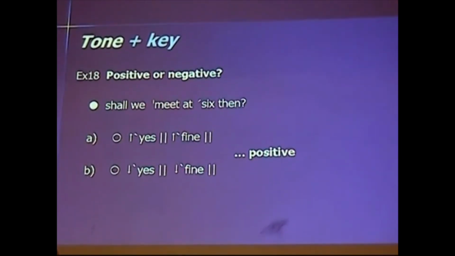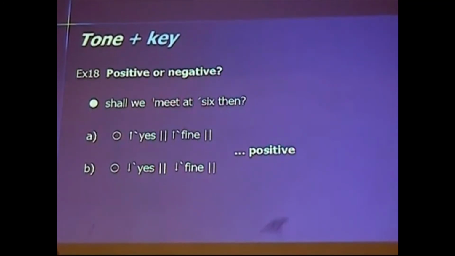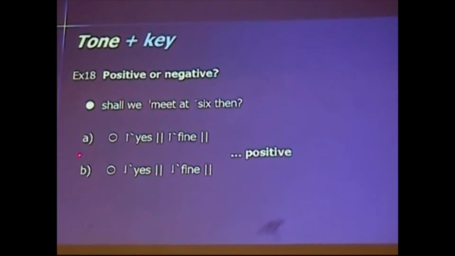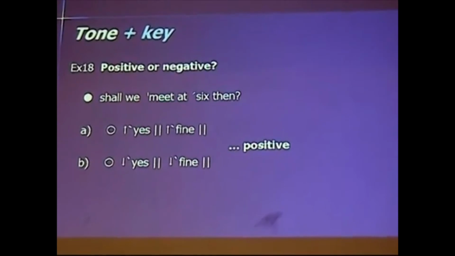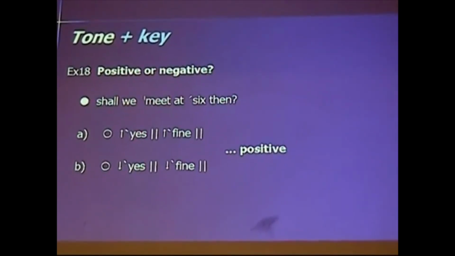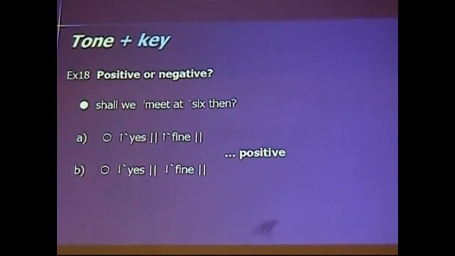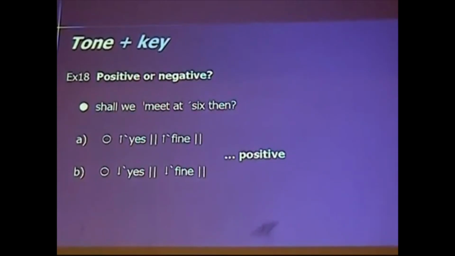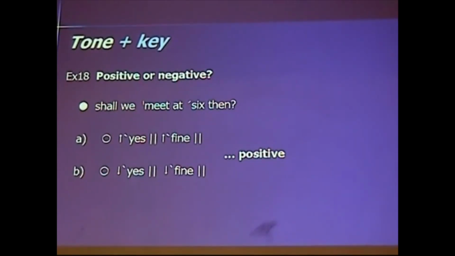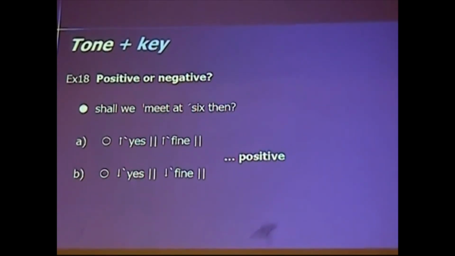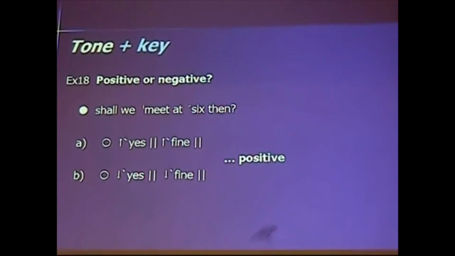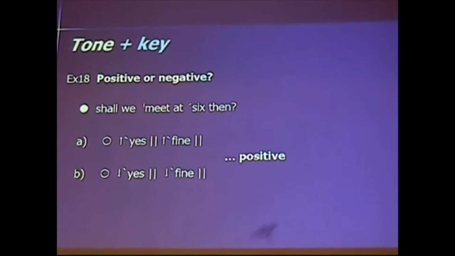Shall we meet at 6 then? Yes, fine. Now what I've done here, look, do you remember I introduced arrows pointing, probably up or down to suggest high key up, low key down. You'll find it in the previous handout. We had it, I think, in the previous lecture. And I mentioned that it's the sort of strategy that we will find in much of the discourse literature.